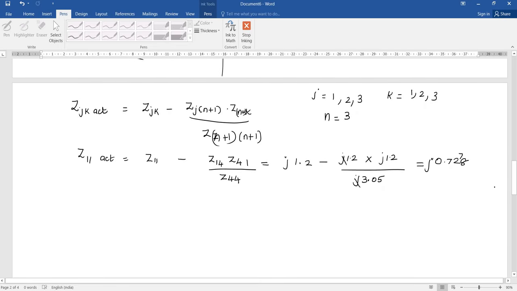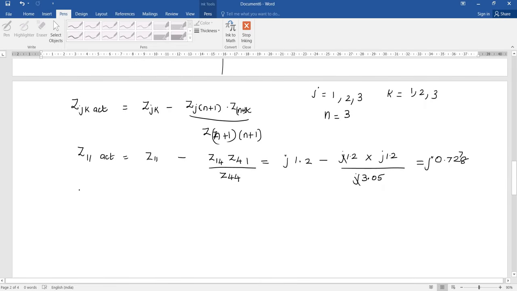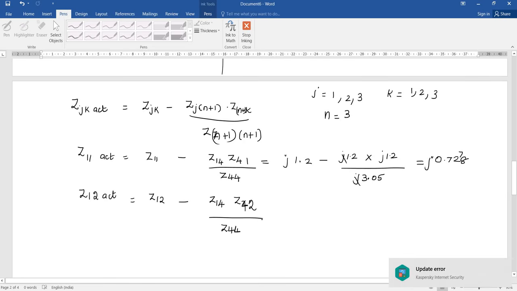And next, what is the next one? Z12 actual. That is the same Z12. There is no change in Z14, and Z42 divided by Z44.